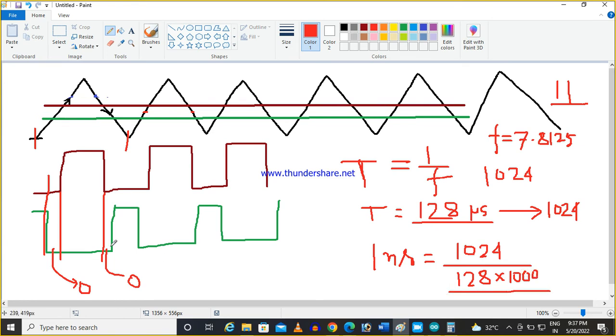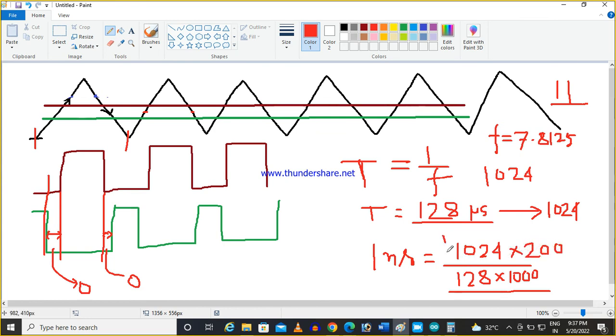So suppose my dead time is say 100 nanosecond. So this is 100 nanosecond and this is 100 nanosecond. So total I have to reduce 200 nanosecond. So 200 nanosecond means into 200.